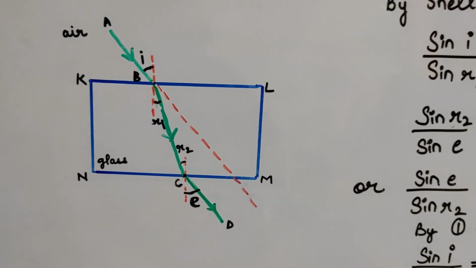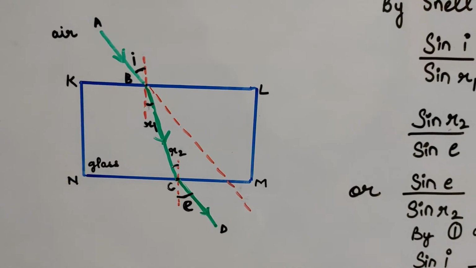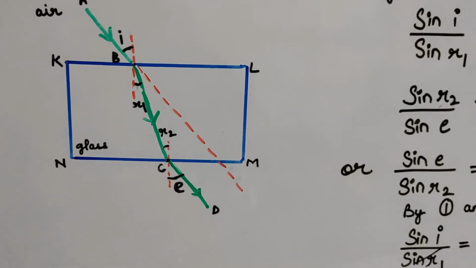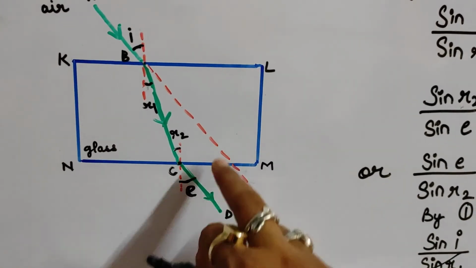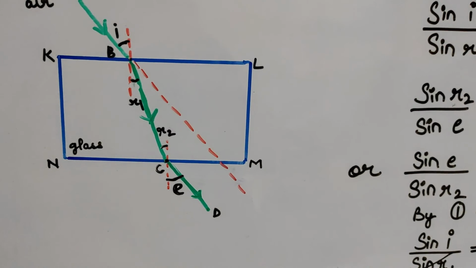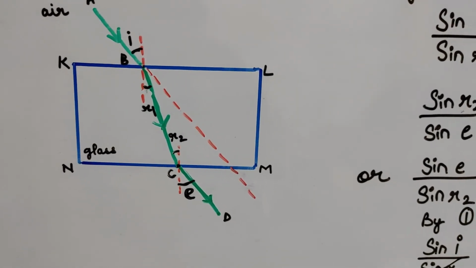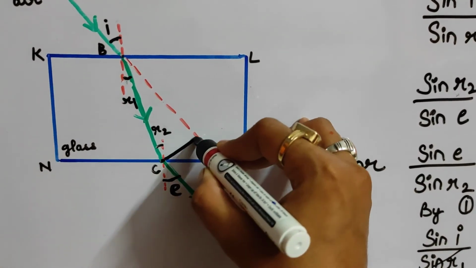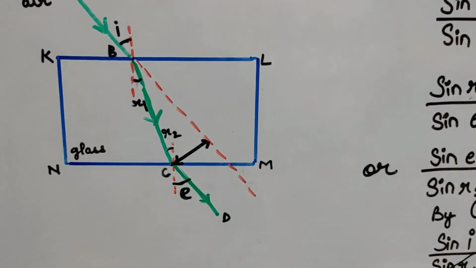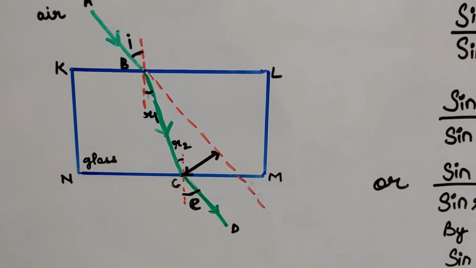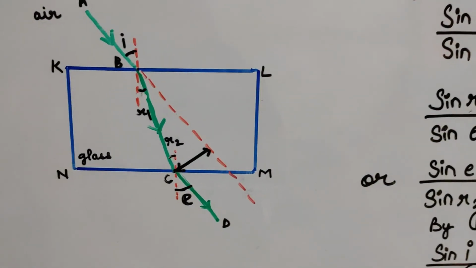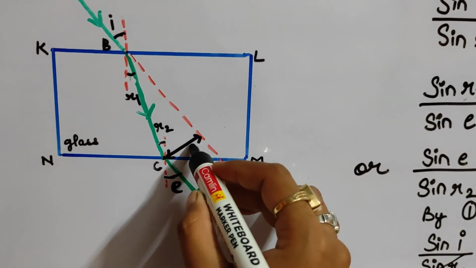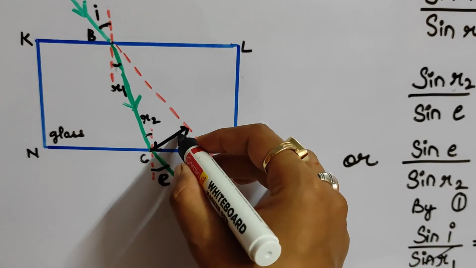Now from here we get another concept, which is the concept of lateral displacement. As you can see, this emergent ray is parallel to this incident ray extended forward. The perpendicular distance between the incident ray produced forward and this emergent ray is known as lateral displacement.